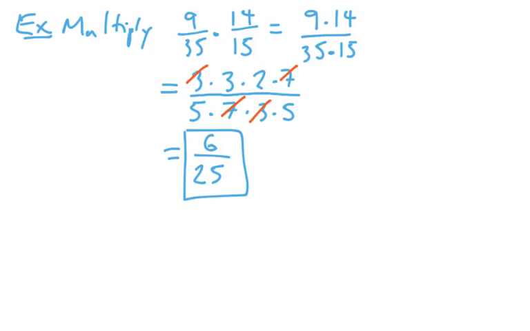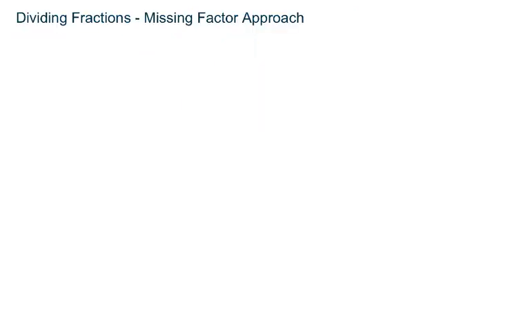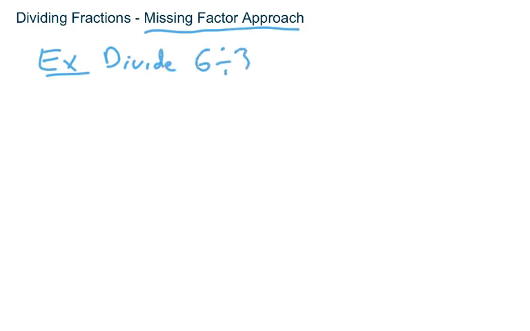So that's multiplication. What about dividing? Now, dividing fractions is a little bit harder to illustrate. I'm going to try to use something called the missing factor approach. And this will be easiest to understand if I start with an even simpler example. So let's go way back and think about how you divide 6 divided by 3. And we all know the answer to that. But the way you may have been shown this when you first saw the concept of division is to say this. Suppose 6 divided by 3 is, I don't know what.